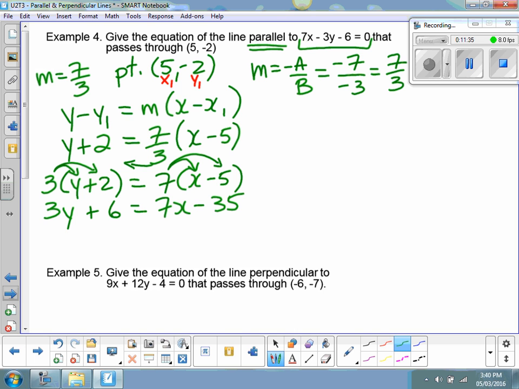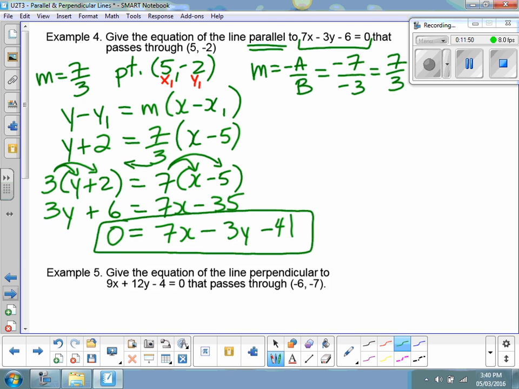And then we'll move everything over to one side and make it equal to 0. So we're going to end up with 7x minus 3y minus 41 as the equation of a line that's parallel to this line, and it goes through that point.